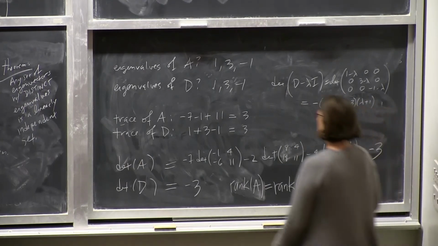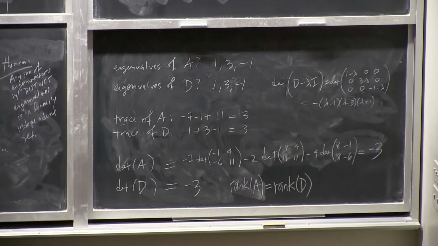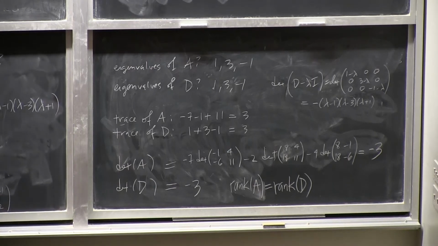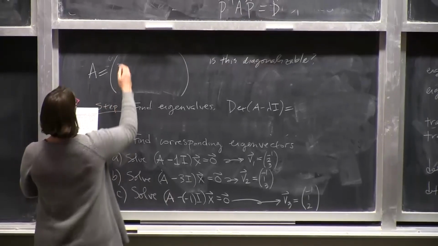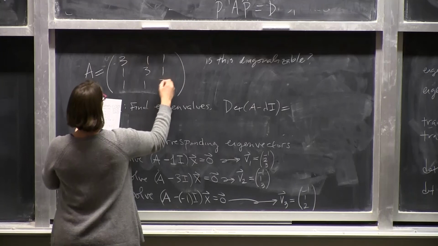All right. So next example. So the next example, again, is one that we did in class. OK. So A is 3, 1, 1, 1, 3, 1, 1, 1, 3.